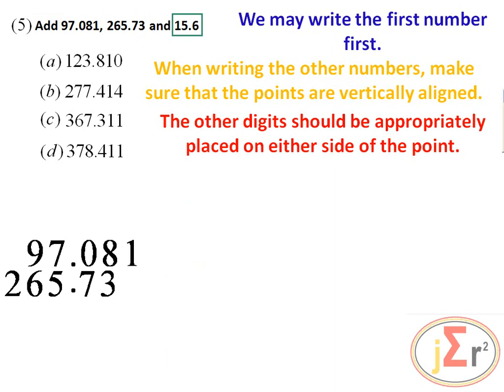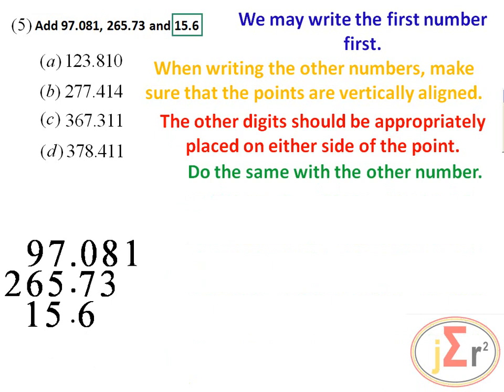And we do the same with 15.6. The point will go first, vertically aligned with the others. And what do we do with the rest of the digits? We make sure that they are appropriately vertically aligned on either side of the decimal point.